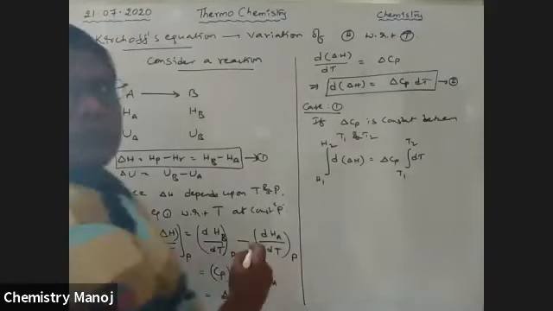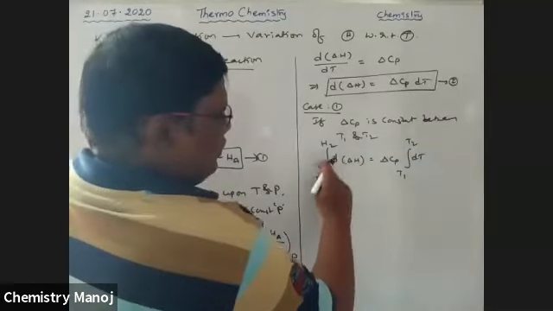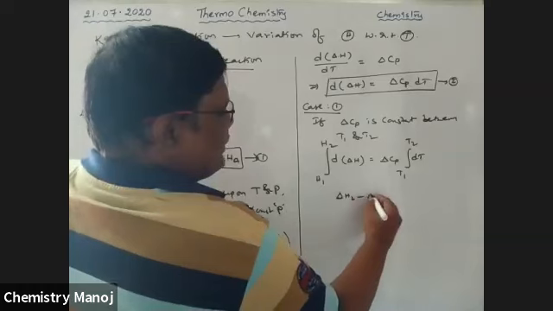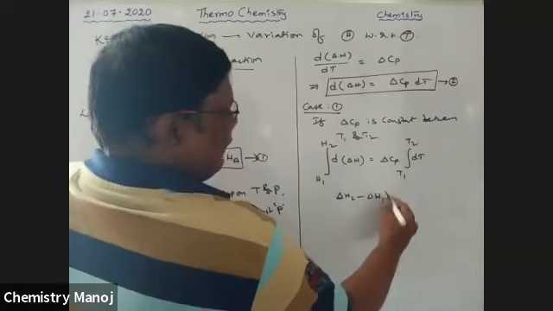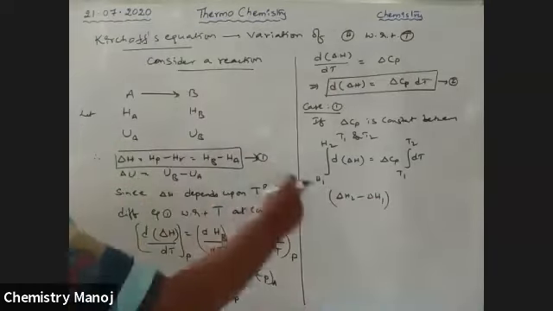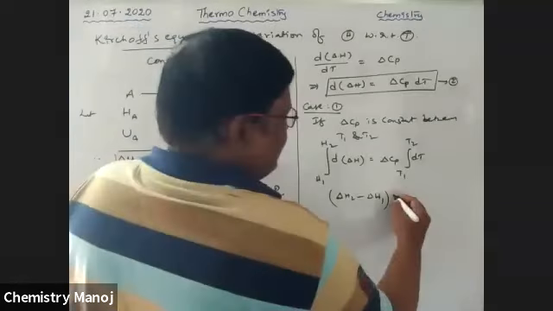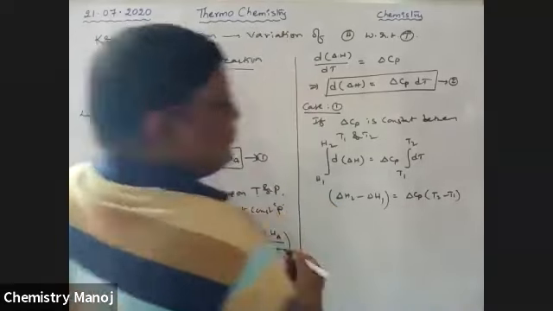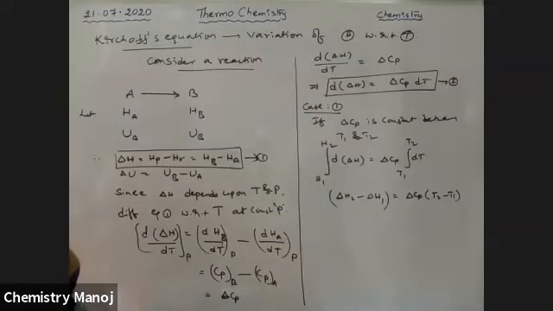So delta H2 minus delta H1, after applying the limits, is delta Cp into T2 minus T1.